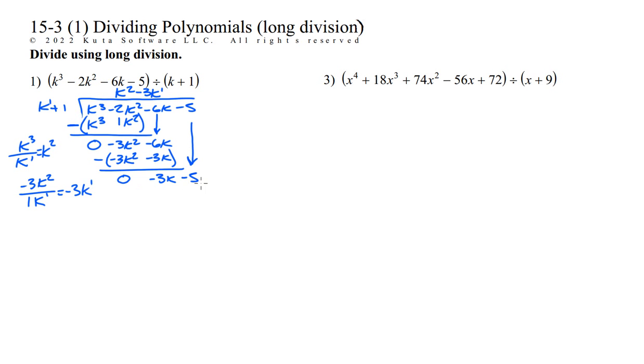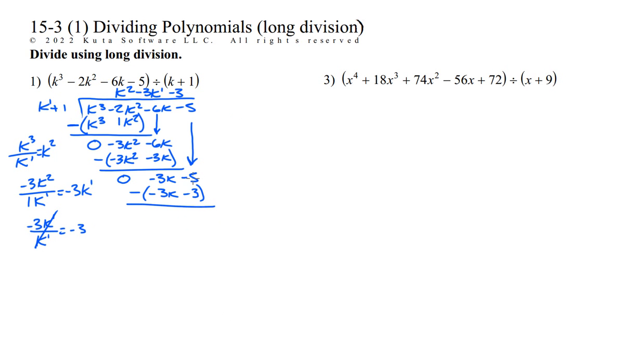Minus 5 comes down here, and then we take this first term, negative 3k, and we divide it by this k to the first here. Right? So these k's basically cancel out, and we just get negative 3. So then we do negative 3 here. And we do negative 3 times k is negative 3k. Negative 3 times 1 is negative 3. And we're going to subtract this whole thing.